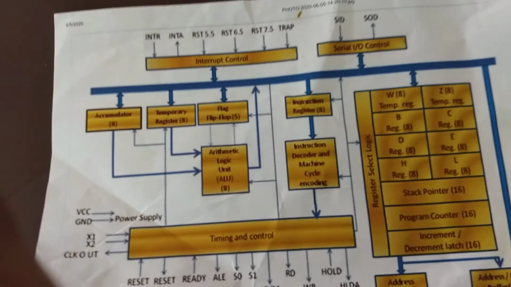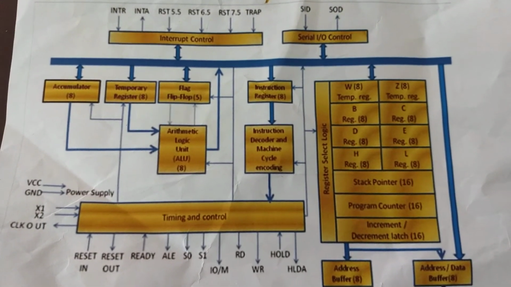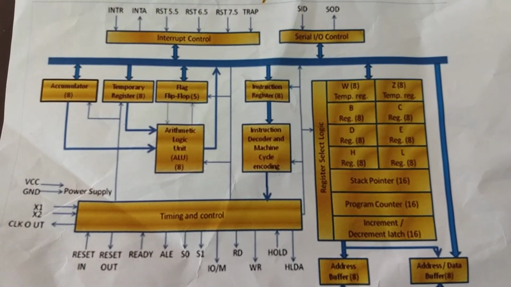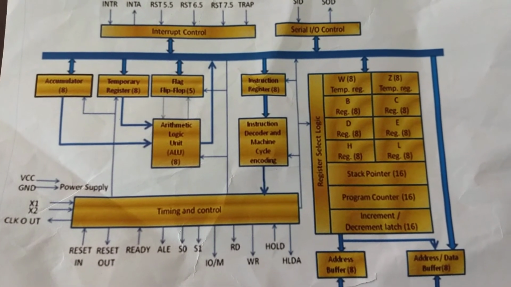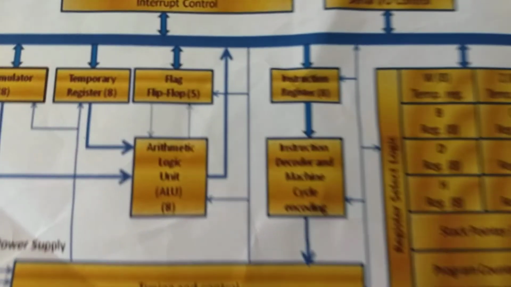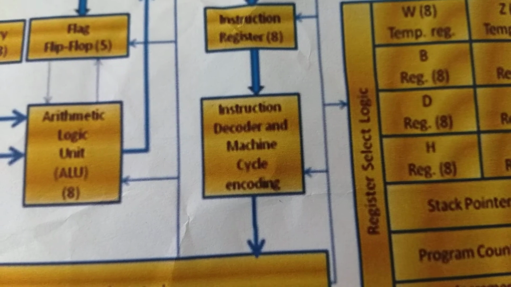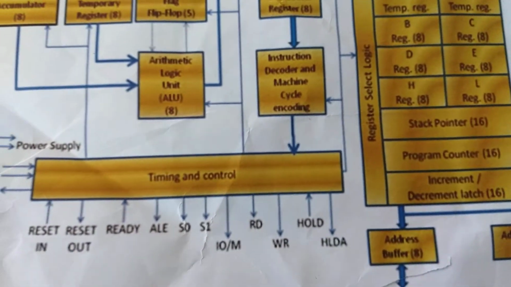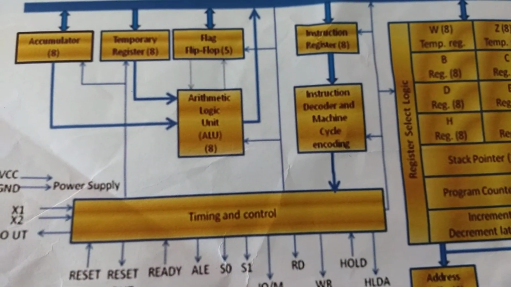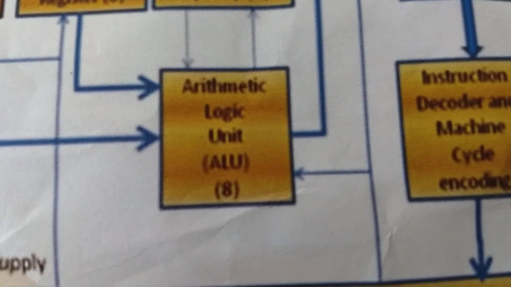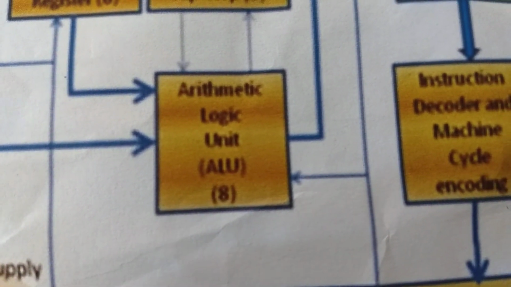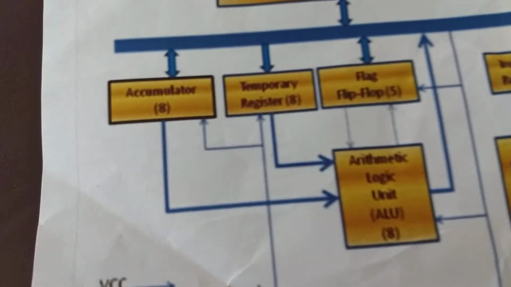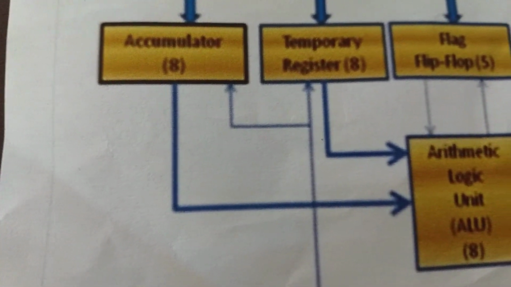So we can see these are the different parts of the 8085 architecture. Initially when the instruction comes, it goes to the instruction register, then passes through the instruction decoder. After decoding, the operation starts, with manipulation in the arithmetic and logic unit, where the first data can be stored in the accumulator.